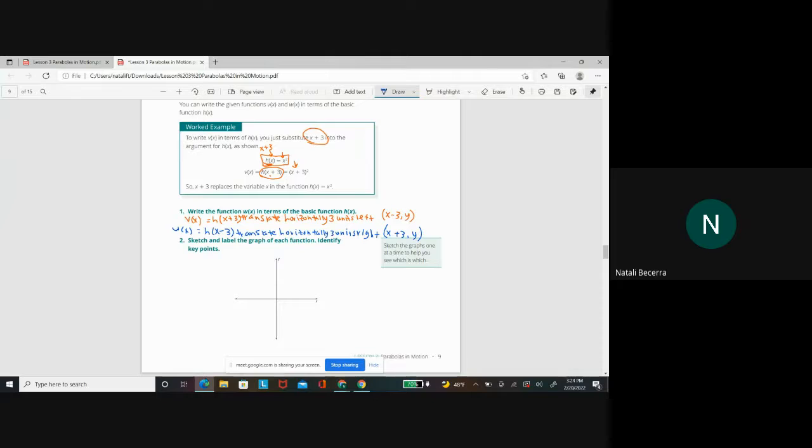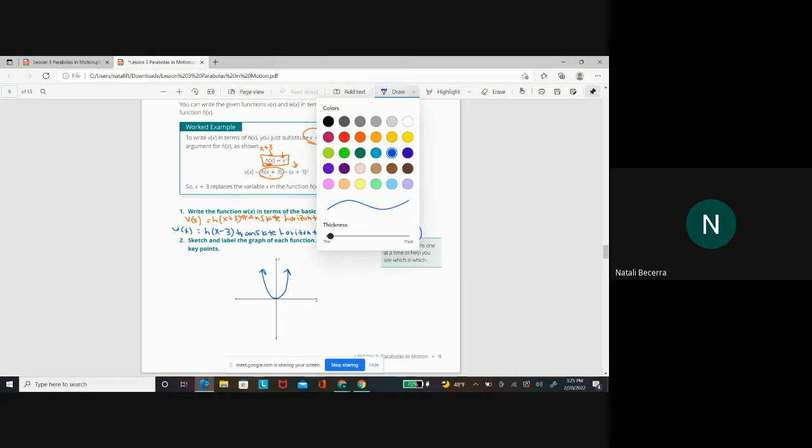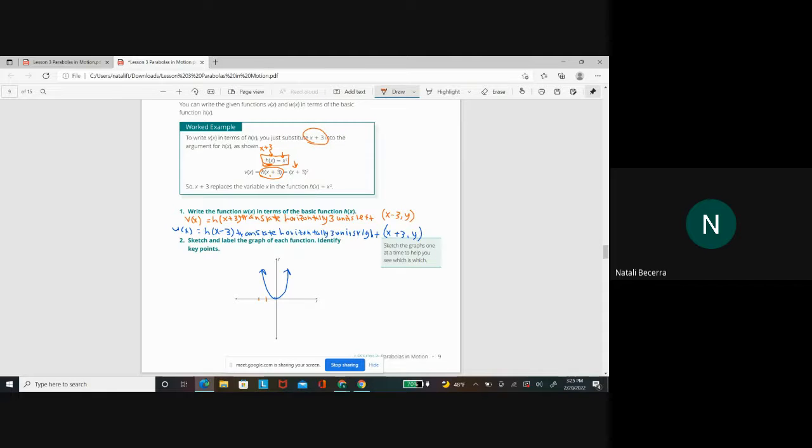All right. Sketch and label the graph of each function. Identify the key points. Okay, so we already know the original was in the middle, right? And then this one, it went 1, 2, 3 units to the left.